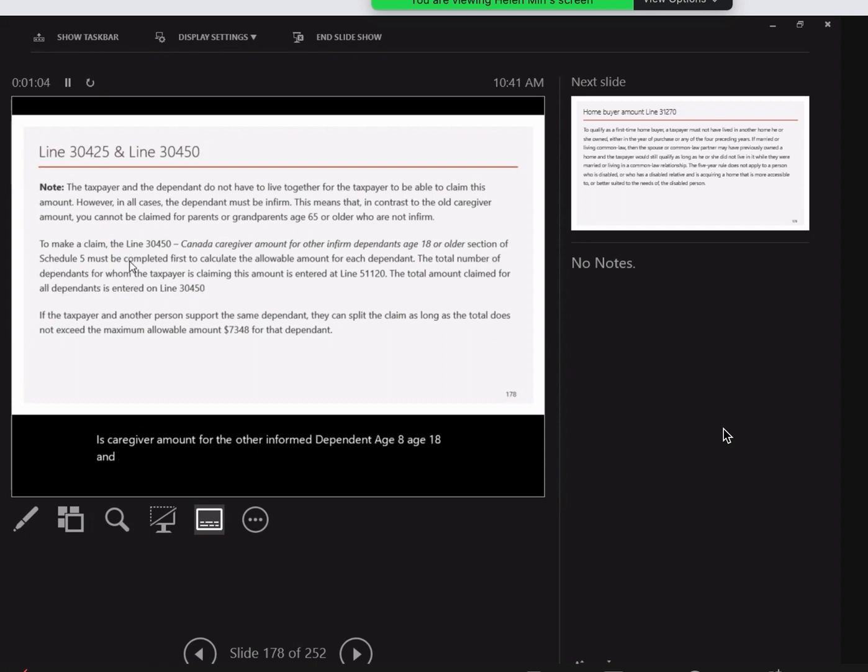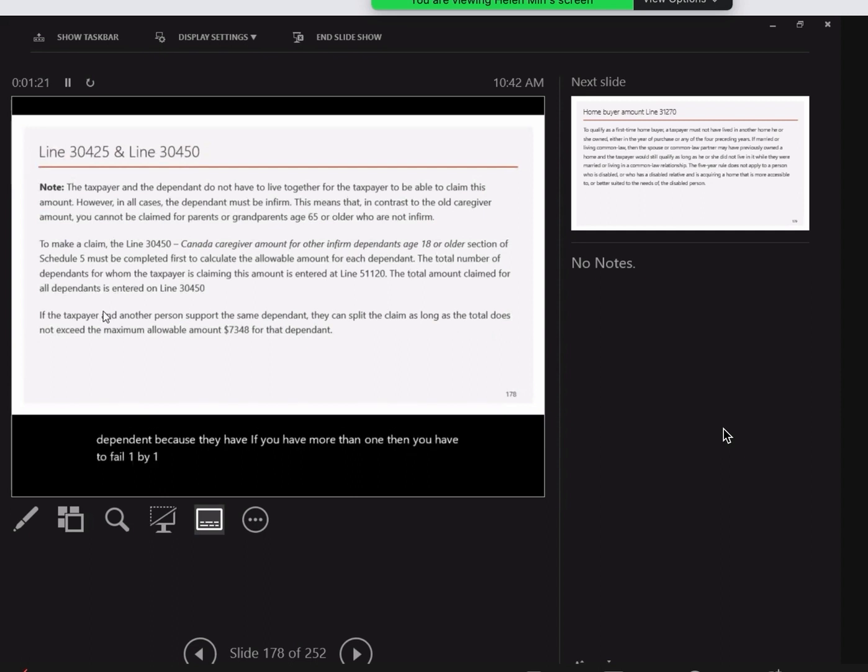This one is completed first to calculate the allowance amount for each dependent. If you have more than one, you have to fill in one by one.